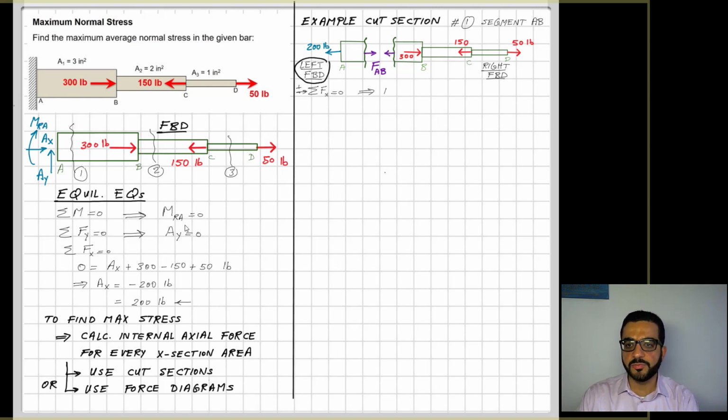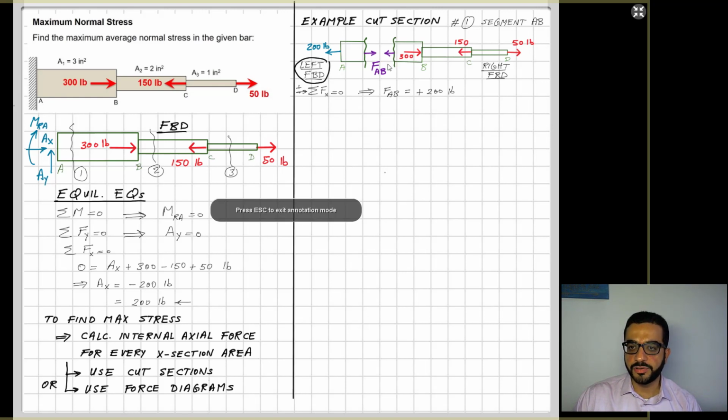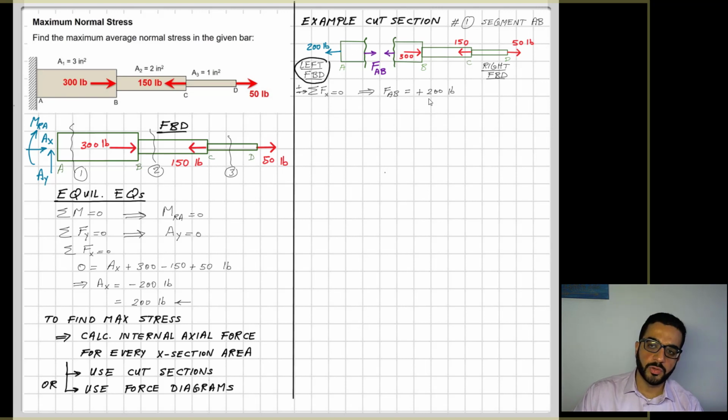It's a wise choice here because it's a very simple equilibrium, and I can figure out that the internal force along the length of AB is 200 and it's in tension, which makes sense. The resultant of the 50, 150, and 300 is 200 trying to pull the bar out of the wall, so this is why the reaction is trying to pull it back in the wall.